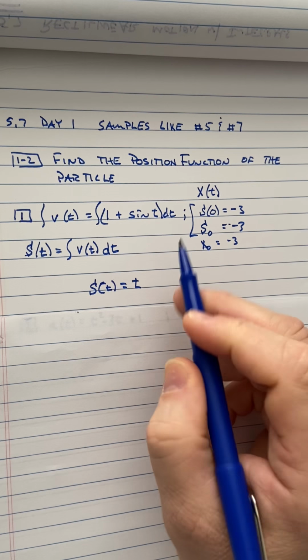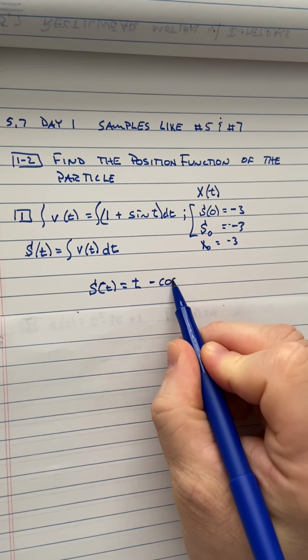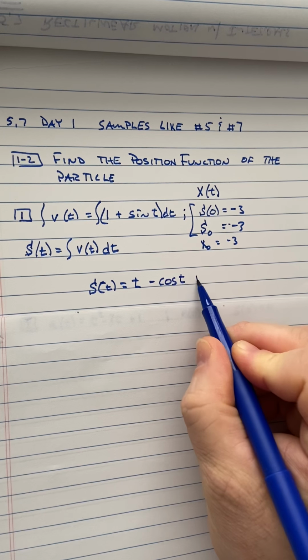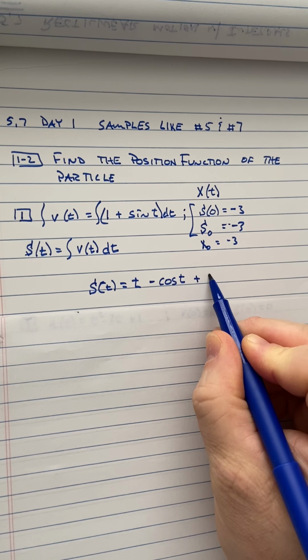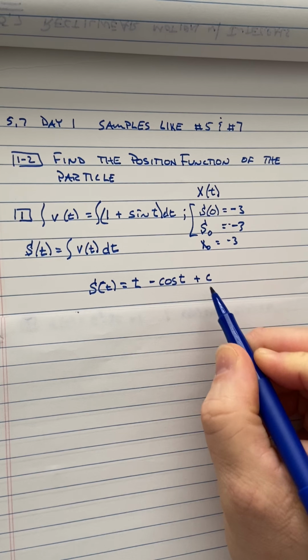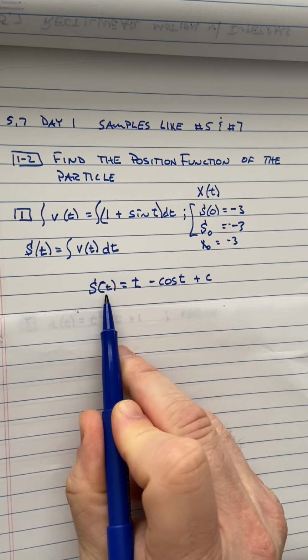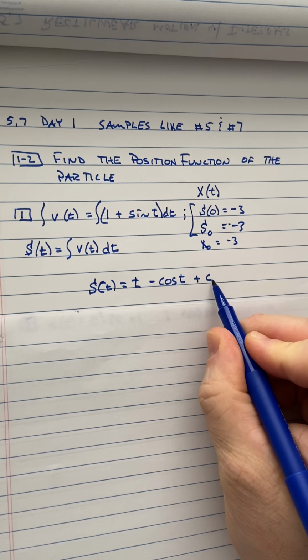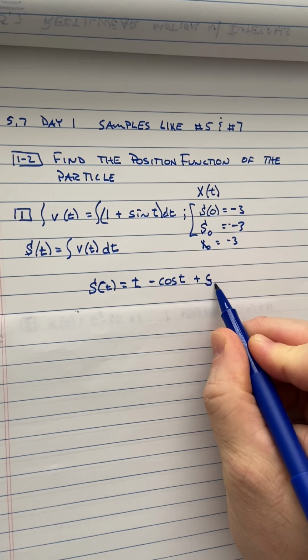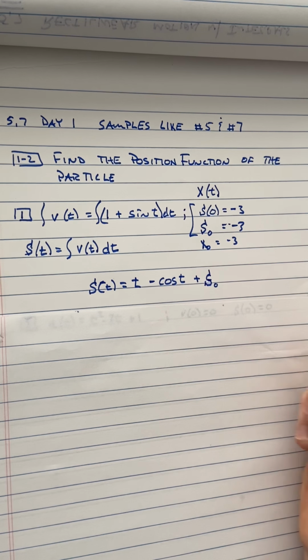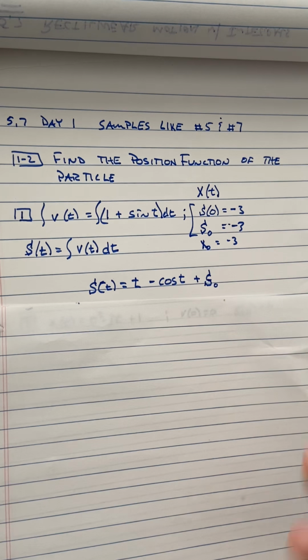What's the antiderivative of the sine? Negative cosine, plus c. That plus c value in a position function is going to be the initial position. Pretty fancy, huh?